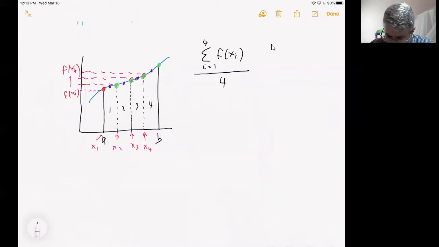So if I want to, though, I can expand on this idea to kind of get closer to ideas of calculus and area. So what's up above could have been written as a summation from i equals 1 to 4 of f of x of i over 4.